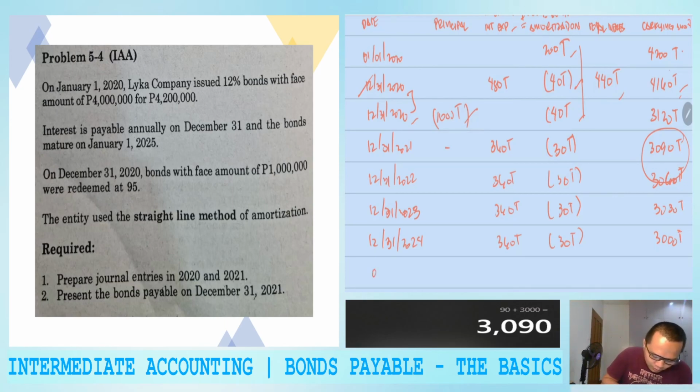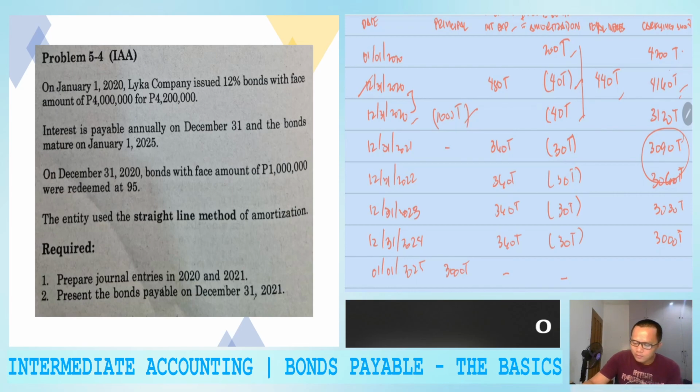Now, on January 1, 2025, the year of payment, meron na tayong principal payment of 3 million, assuming no other transactions affecting this particular sample. And obviously, wala na interest payment, wala na ring amortization because it is now fully exhausted, di ba?